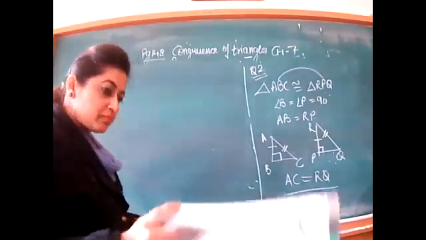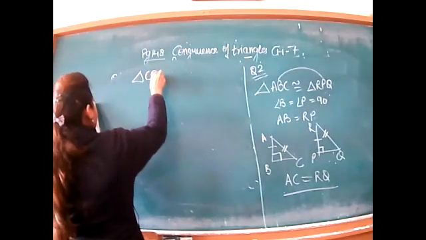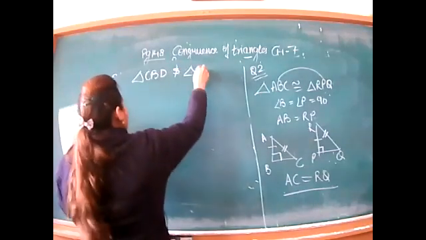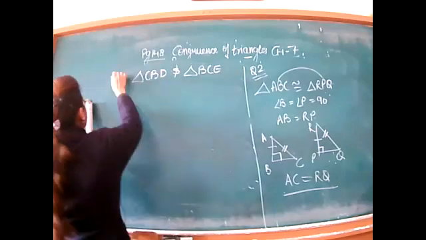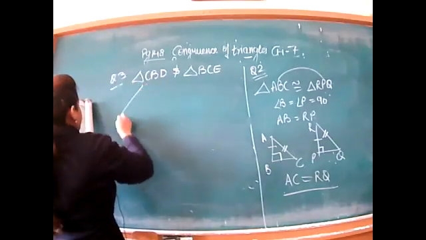Angle E is equal to angle D is equal to 90 degrees. BD is equal to CE. One minute Arshia, let me draw the figure.